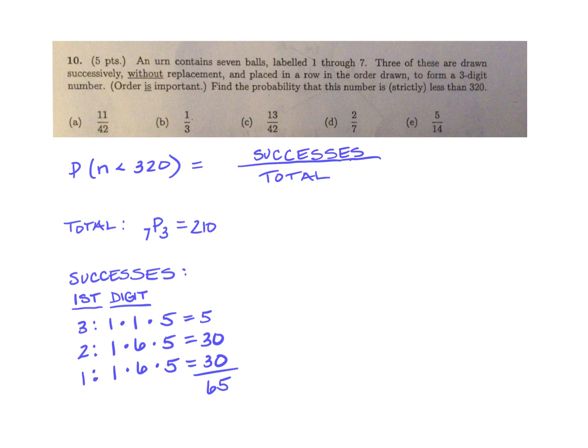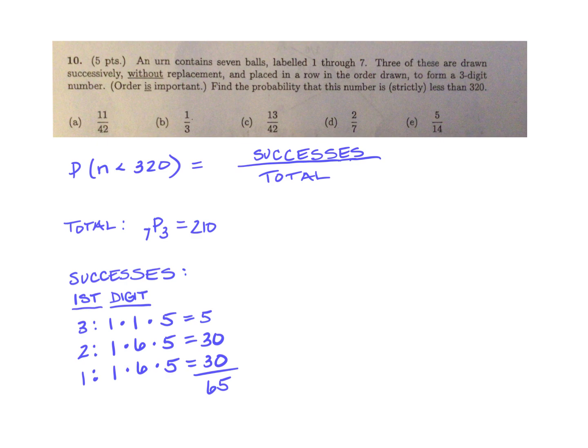Now for the successes, this is where you have to think a little more. For the first digit, you have the options of a 3, a 2, and a 1. Anything else will not meet the criteria of being less than 320. Now you have to talk about the 3 digits within each one of those. So you have a certain number of choices for each of the 3 digits.